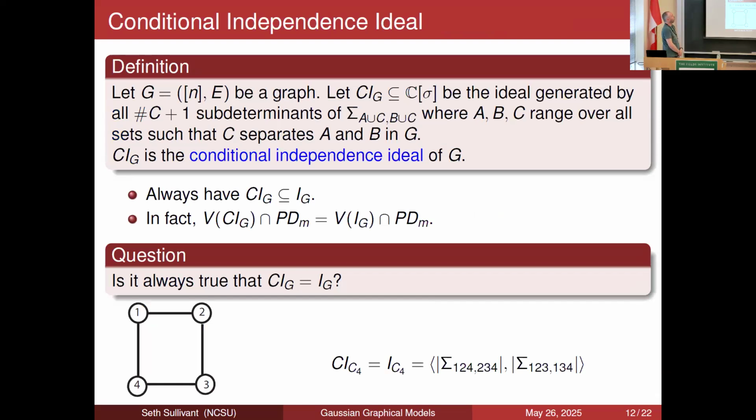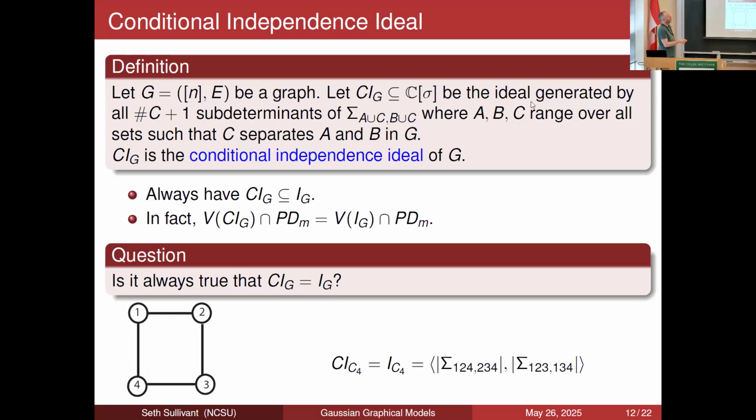Okay, since we know that the graph gives us all of these conditional independences, that in turn tells us a whole bunch of determinantal equations that belong to the vanishing ideal of the model. So we can take a graph G and essentially make the conditional independence ideal associated to the graph.